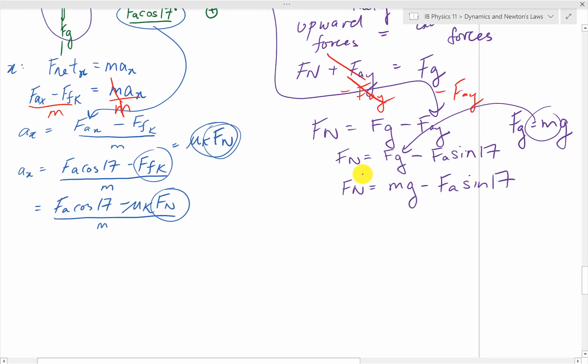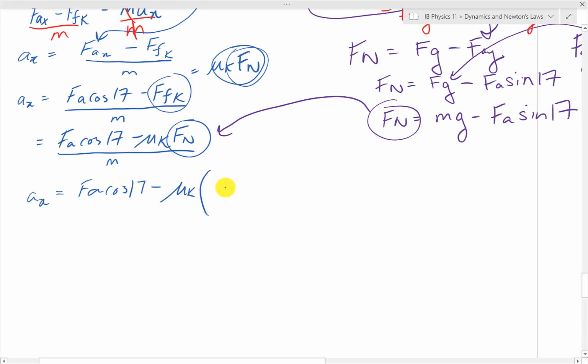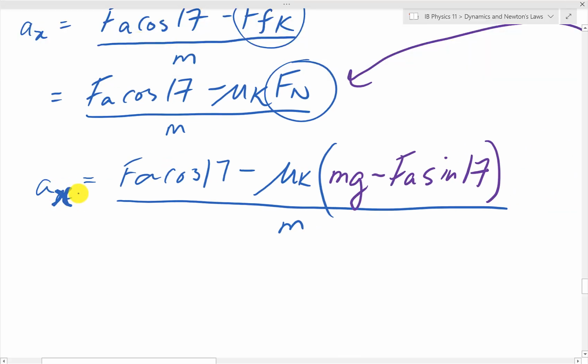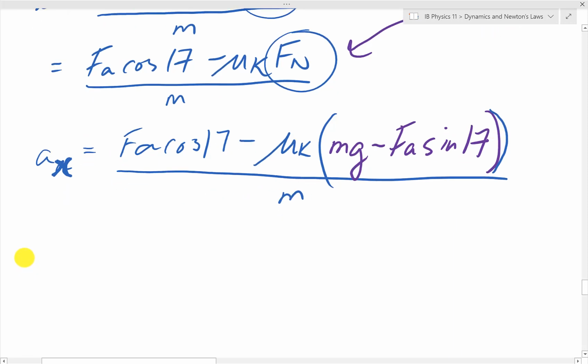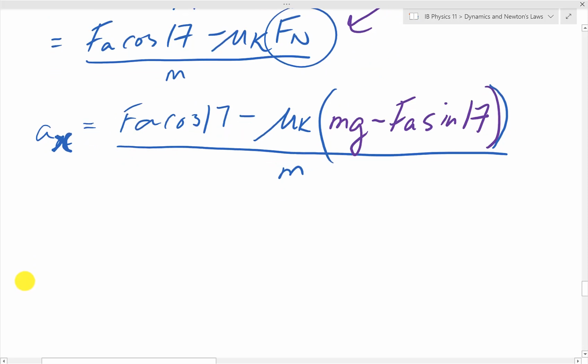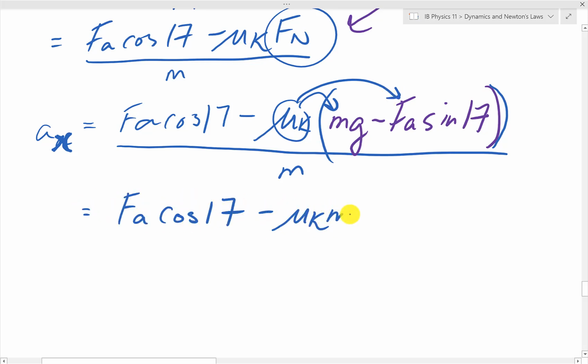Now we have the complete picture of Fn, which we can substitute back over to the other side, along our x direction Fnet equation over here. So let's do a substitution. We get Fa cosine 17 minus mu k, and all in brackets. Don't forget to bracket this nicely. mg minus Fa sine 17, and all of that divided by the mass at the bottom here. So what I'm going to do is distribute this mu k into each of these terms in here to maybe help us see the full picture.